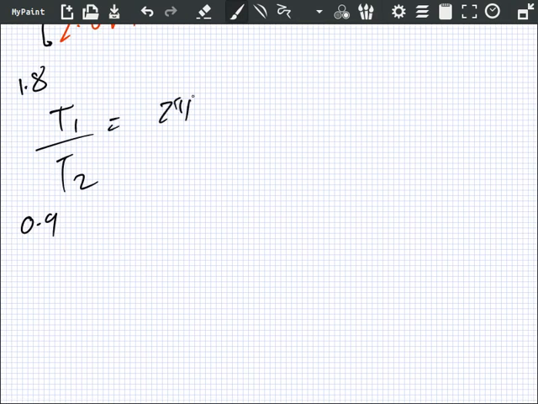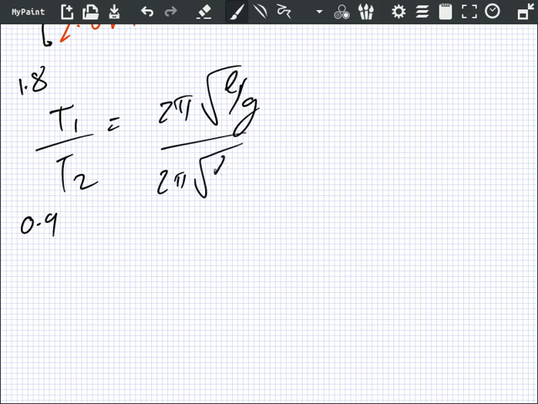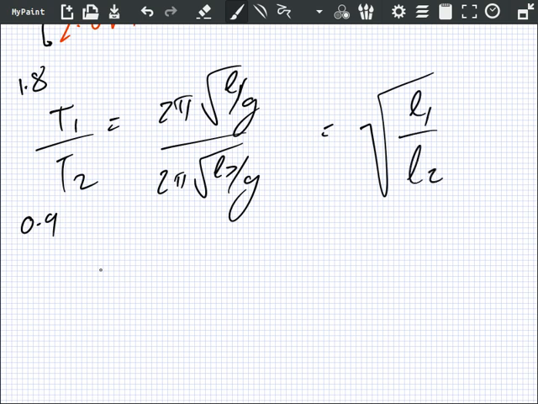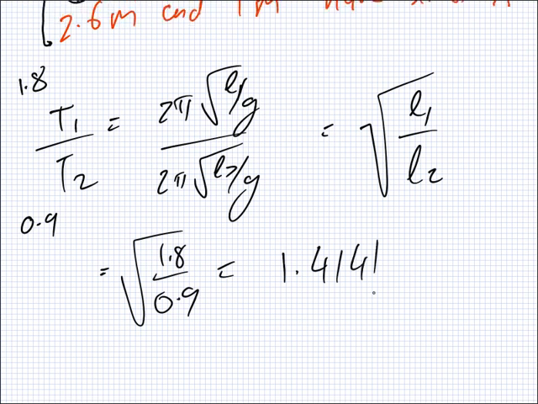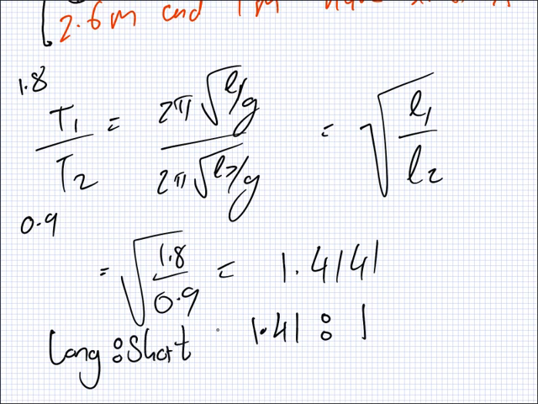So that's 2 pi root L1 over G, over 2 pi root L2 over G. Everything cancels except for the L's. So that would be root of 1.8 over 0.9, which is 1.4141. So the ratio is 1.41 to 1. This is your longer pendulum to your shorter pendulum.